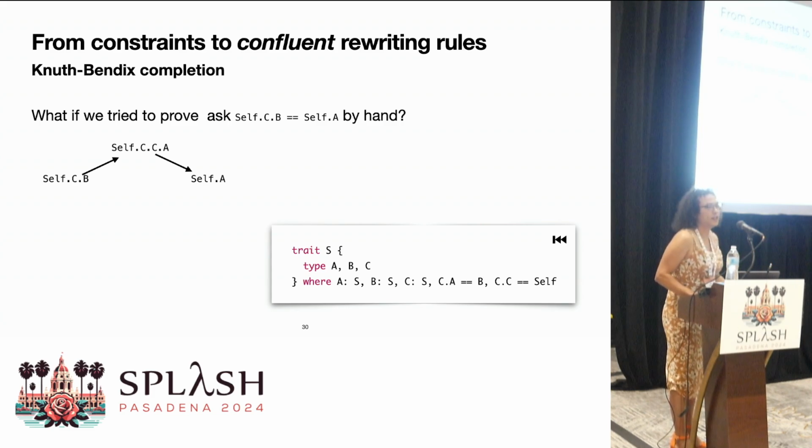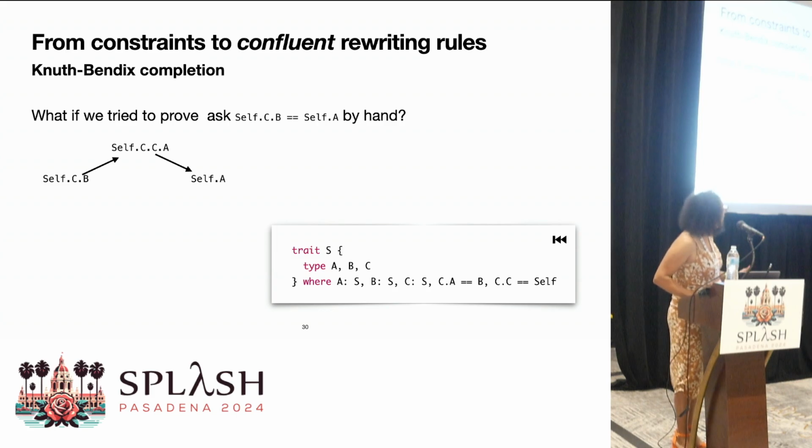This is the critical part of the proof, right? This is what requires some cleverness, and the compilers are dumb things, so they don't know how to do that, or they would just explore everything, and then we will have a very, very long type checking. So what we need is to find a way to teach this clever trick to the compiler.